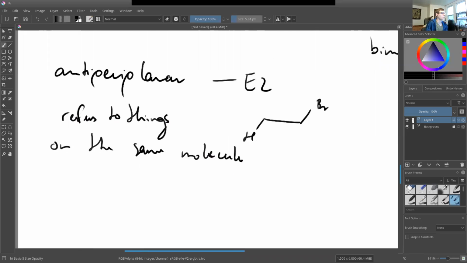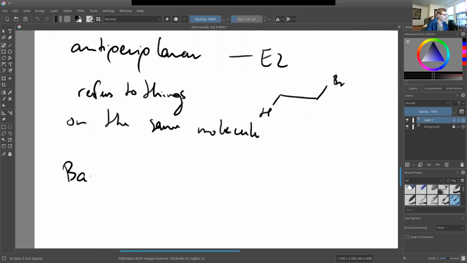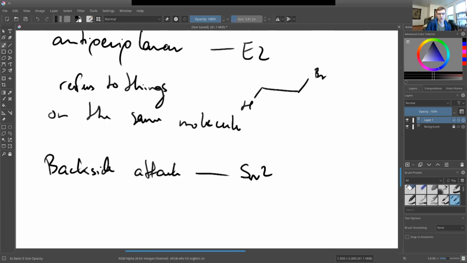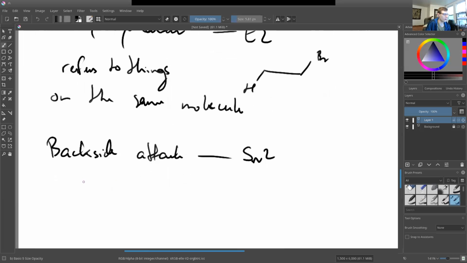Whereas with backside attack, this is for SN2, and the distinction here is that we're going on the same carbon, but also that it's different molecules, right? So here we can have two different molecules doing this.